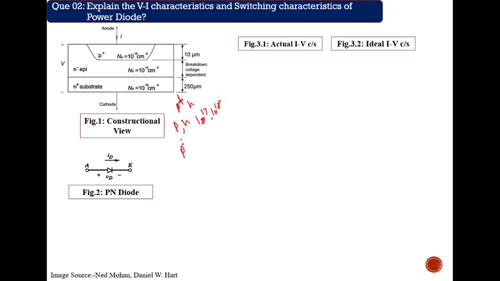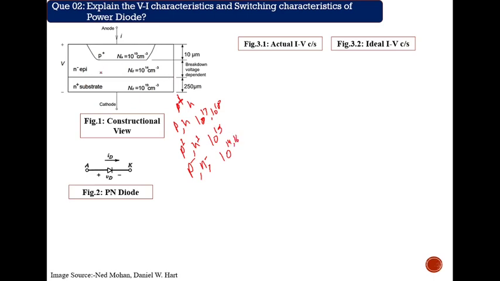If I am talking about P plus and N plus, the doping level is very high, like 10 to the power 19. And if I am talking about P minus or N minus, the doping level is very low, less than 10 to the power 17, let's say 14 or 16.